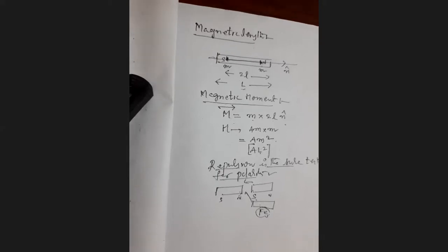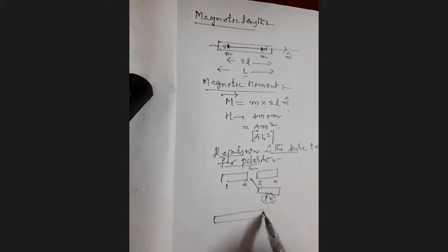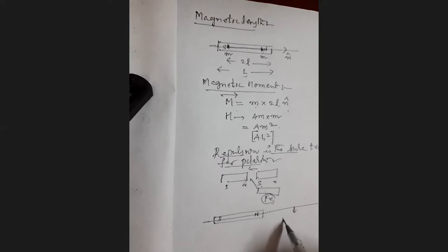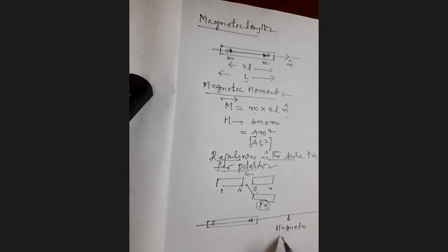One more point regarding this: say this is a bar magnet, and this is the south pole and this is the north pole. The line joining the magnetic poles and passing through the center is called magnetic axis, or axial line.